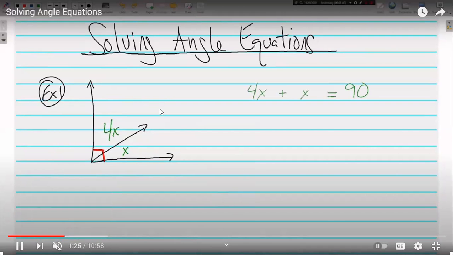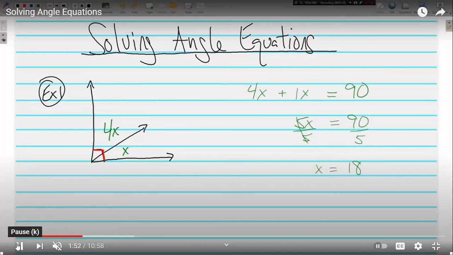Then we make an equation: 4x plus x equals 90. What is the coefficient before x? The coefficient before x is 1. Then 4 plus 1 equals 5. Then 5x equals 90, divided by 5 for both. Then we have the value of x equal 18.